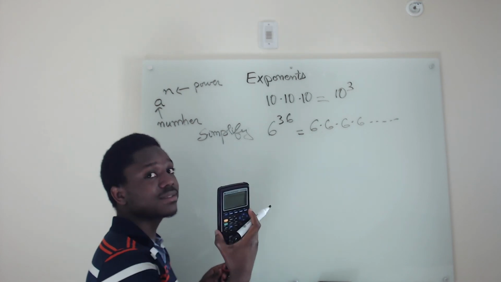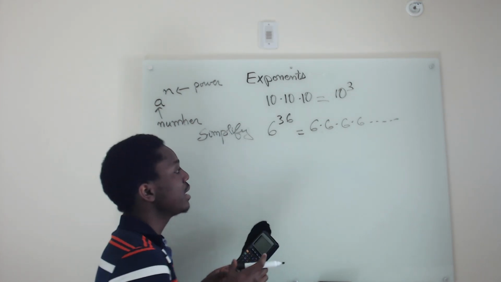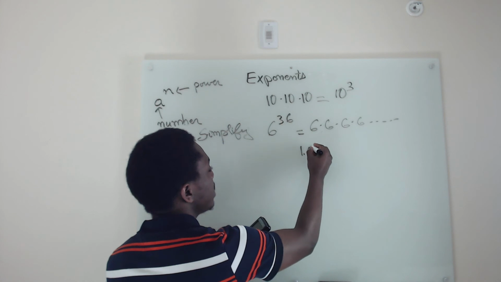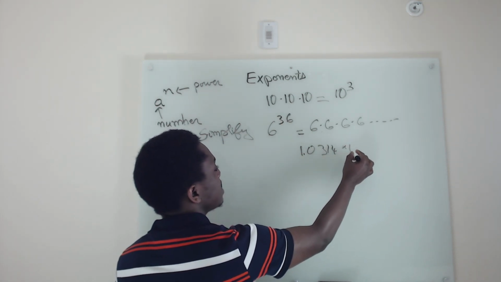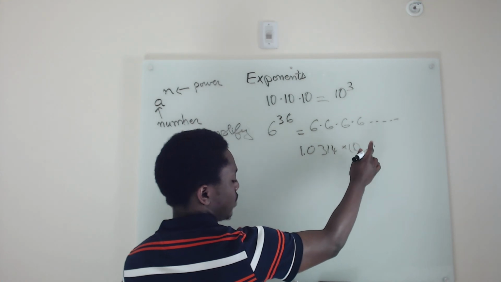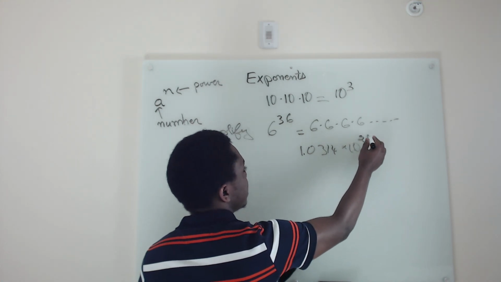And the answer, as you can see, is a really big number, 1.0314 times 10 to the power of 28.